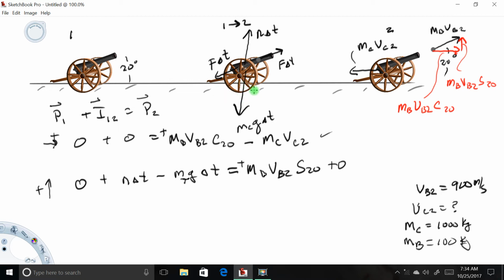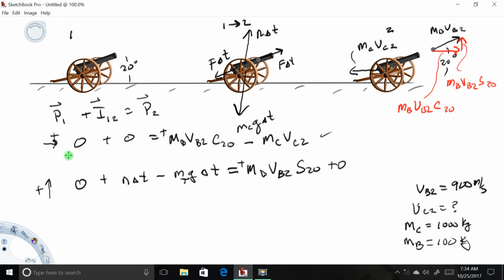So the system does have a net impulse in the y direction, and that's why the system, which started with no momentum in the y direction, now has a vertical momentum component after the cannon's fired. So momentum is not conserved for this system in the y direction. We could maybe calculate or estimate this normal force, but we would need to know the time frames, and I'm not going to do that for this problem. So this term is greater than this one, so the momentum of the system is not conserved.